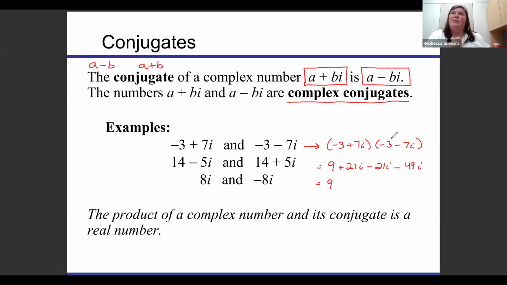Like I said here, if we multiplied this out, we expanded it or FOILed, these i's disappear, but this one's squared at the end. So that is not just i squared, that is a -1. So that turns into a +49. And then we're going to end up with 58.